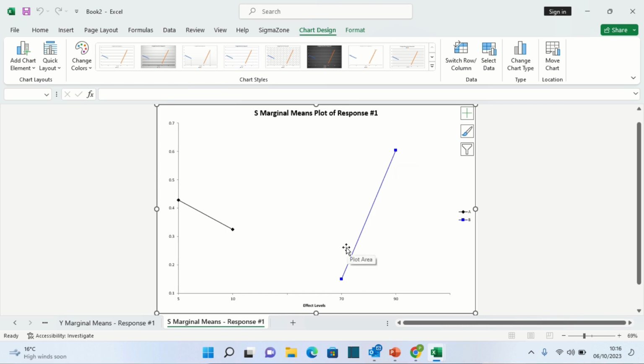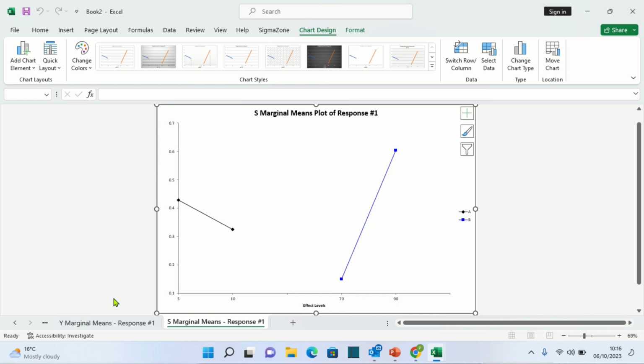The more you tend towards 70, the more you will make the process consistent. Now that's going to create a complicated situation for us because B is driving both the mean and the standard deviation. Okay, so that's our first analysis.